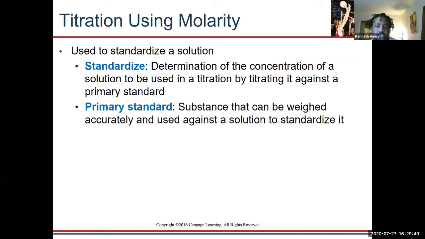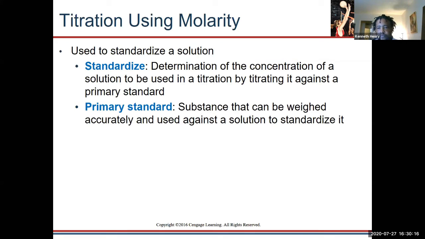We use it to standardize all the solutions that we're using. After you do your standardization, you make sure your system is working and all your concentrations are right. Then you analyze an unknown. So we standardize first, using solutions that you know what they are. You take one solution and make a serial dilution, and based upon that, you should be able to do it.